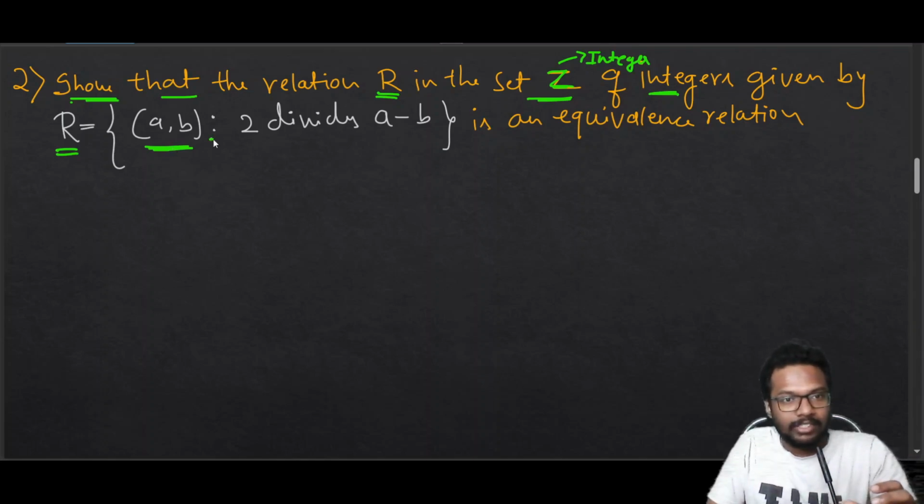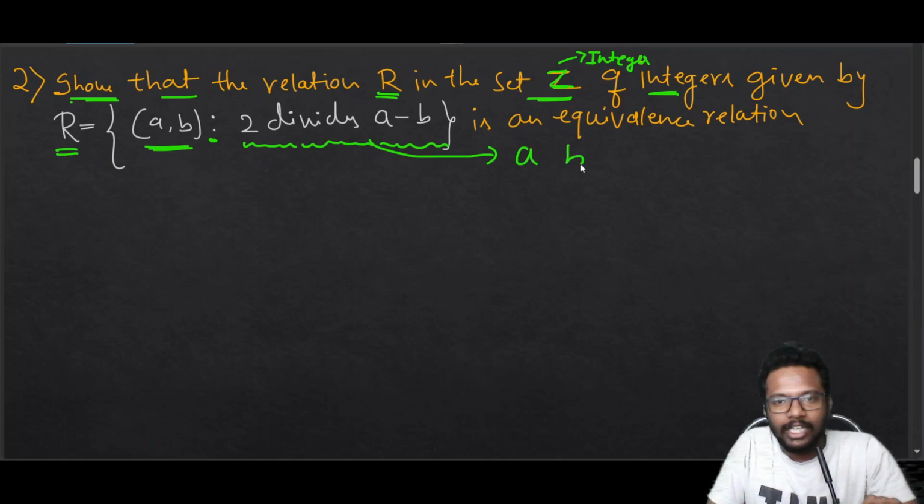Next, this symbol means such that, and here they define how a and b are related. The relationship is: 2 divides a minus b. This means we consider any two integers a and b from the set Z and subtract them.